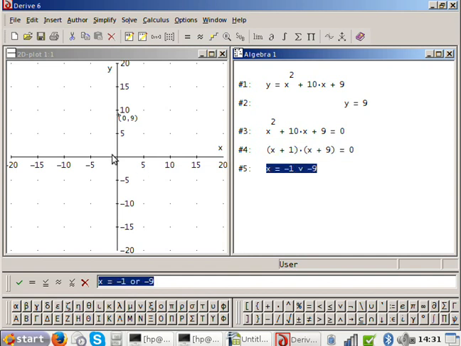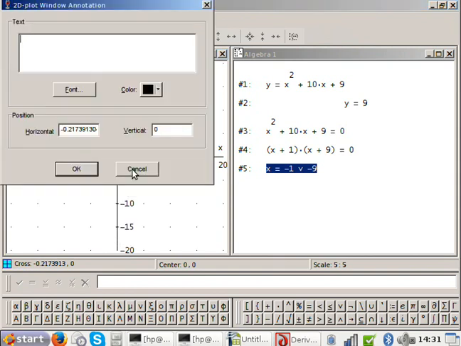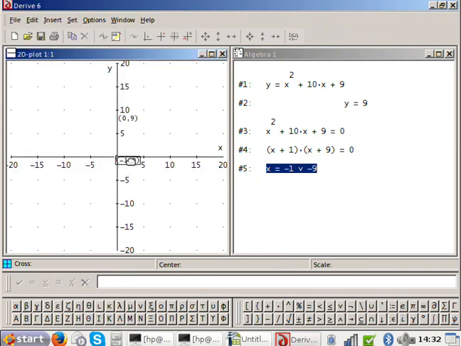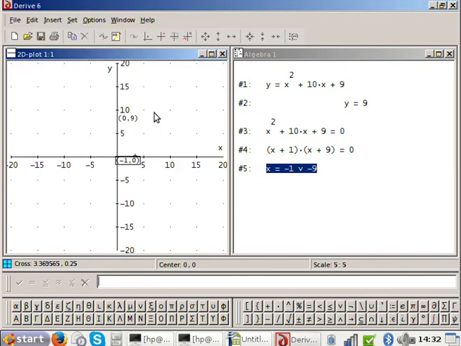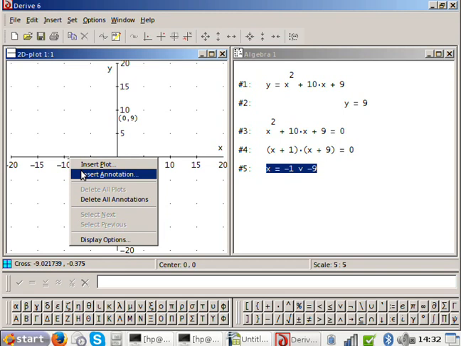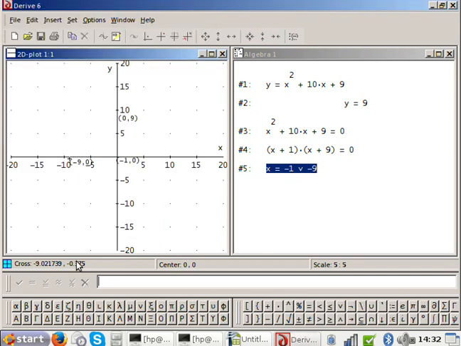So that means on the graph I have one point about here. And then, no, that's wrong. Edit, delete, there we go. (-1, 0). And then I have another point here, which is (-9, 0).